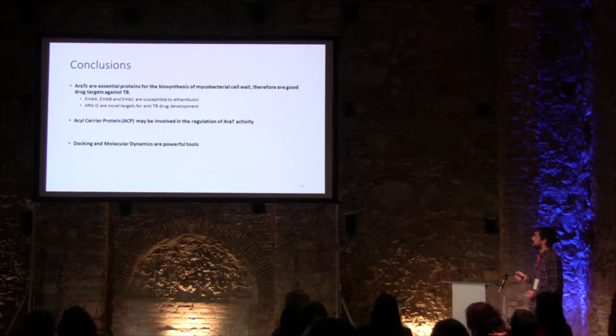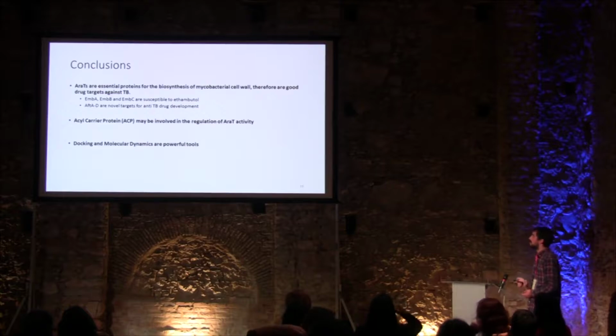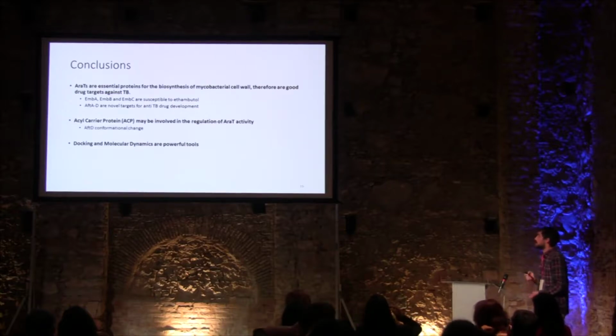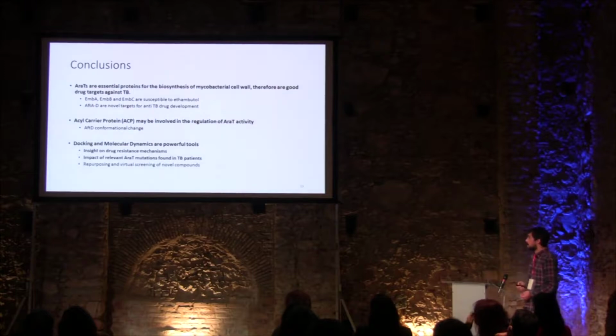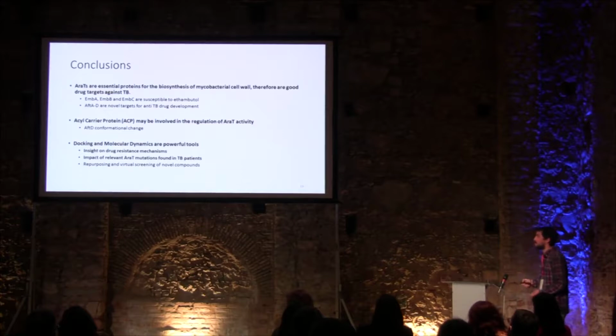And for AFTs, it's a blank canvas, so we can do drug development on these targets. Acyl carrier protein may be involved in the regulation of all these transferases, and last but not least, docking and molecular dynamics can be powerful tools. We are structural biologists.